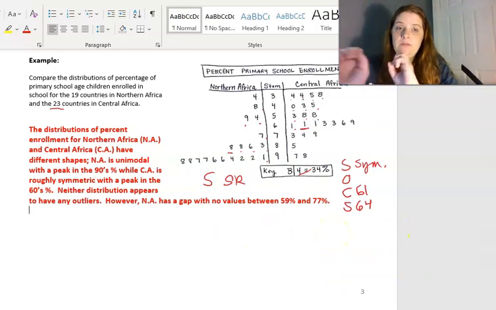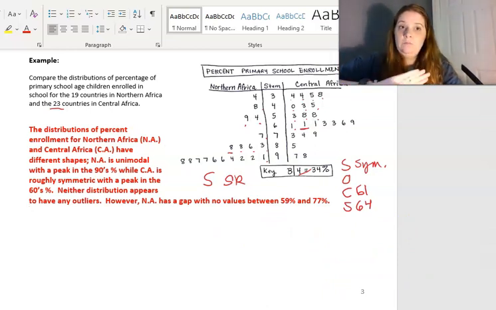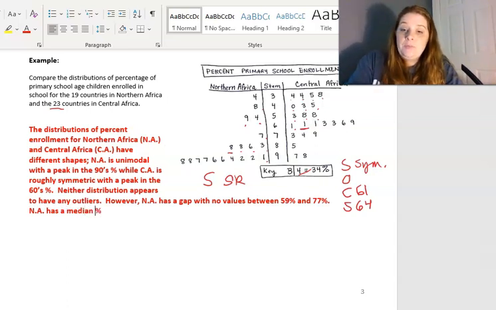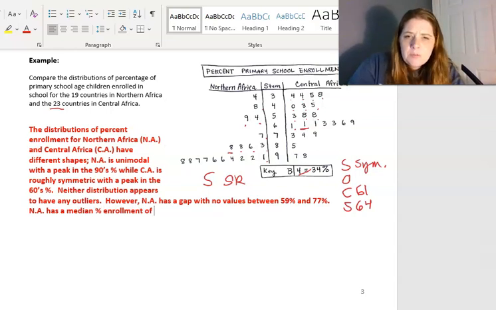All right, what else? Okay, S, shape. O, outliers. Anything unusual. C is center. Okay, Northern Africa has a median percent enrollment of, what did we say the median was?